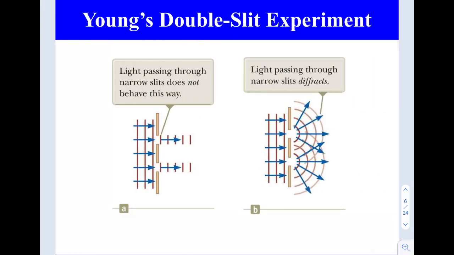This is a must condition that Madam already mentioned just now. In Young's double-slit experiment, you have to make sure that the waves or lights emerging from the openings are diffracted. Then they are going to interfere with each other.